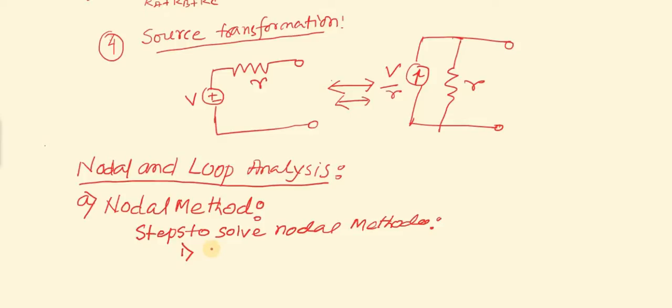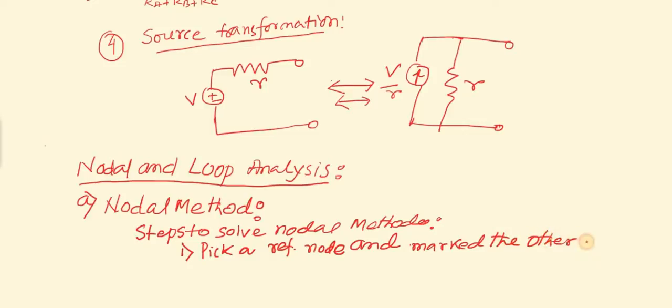We need to pick a reference node, and mark the other non-reference nodes as, say, V1, V2, V3 and so on, like this.